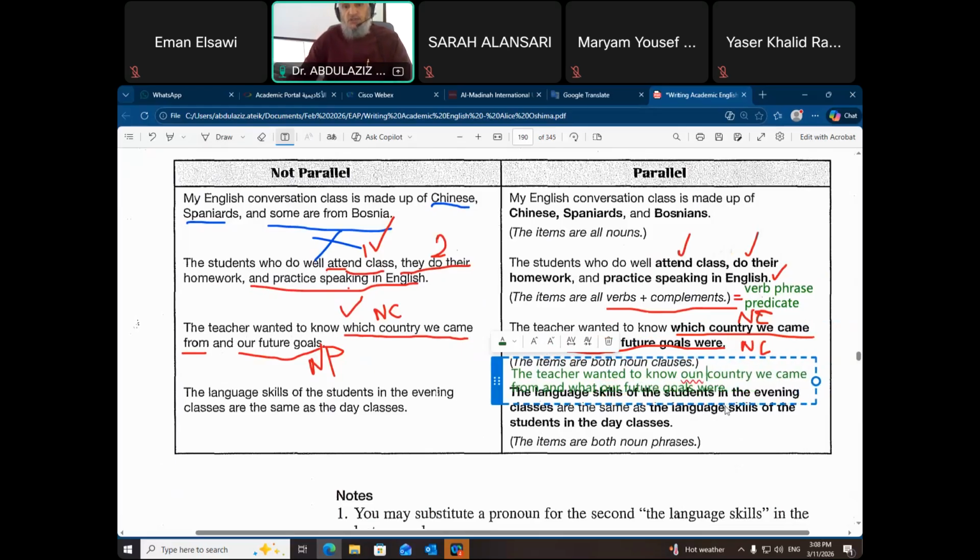Our country. He wants to know our country and our future goals.